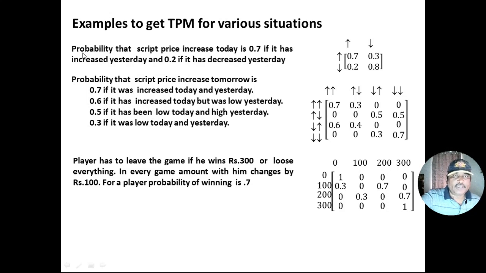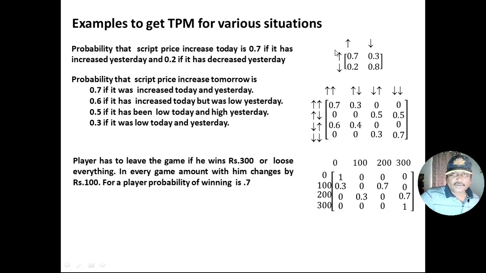First problem. The probability that the share price increased today is 0.7 if it has increased yesterday, and 0.2 if it has decreased yesterday. Now there are two possibilities, and there are 2 days of which the transition is being talked about. Now it is share price. It may increase or it may decrease. Up arrow is showing increase and down arrow is showing decrease.